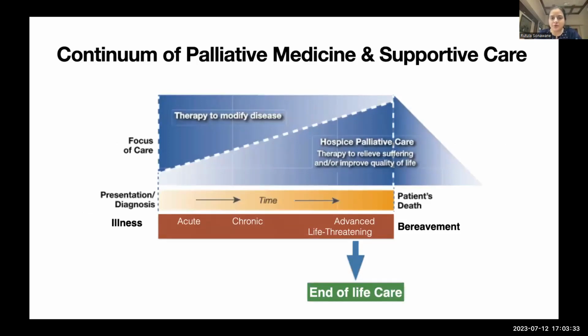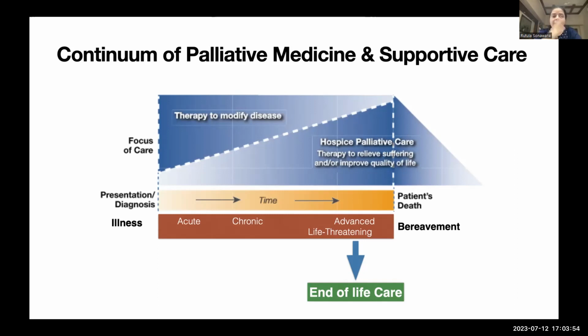So I'm sure you've seen this graph before. I'm just emphasizing it because it's important to note. Initially, palliative medicine was thought to be only hospice care or only end-of-life care. So it was only in the last part of the disease trajectory that our involvement was there.